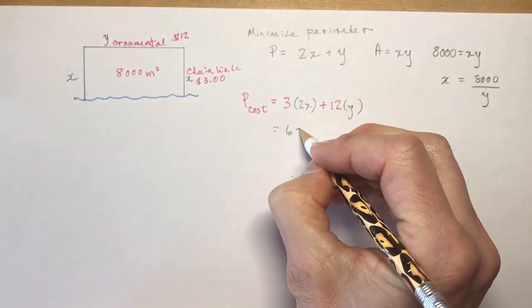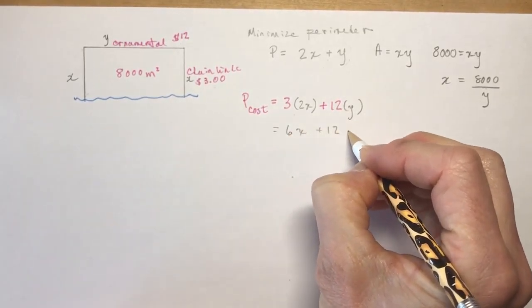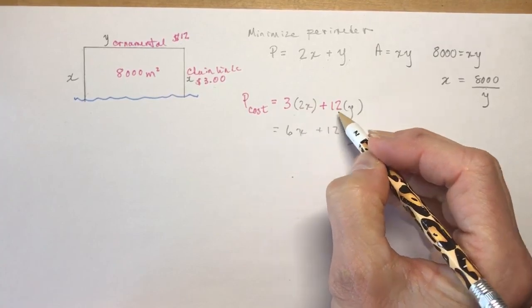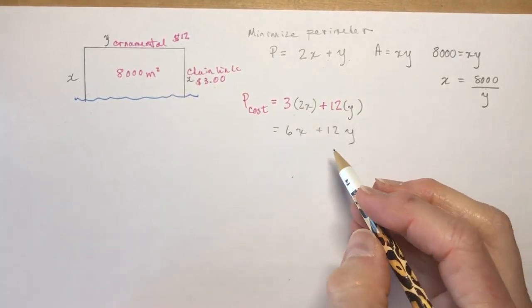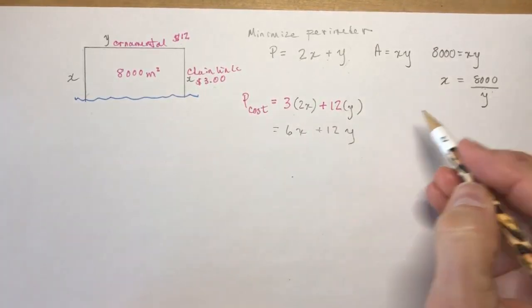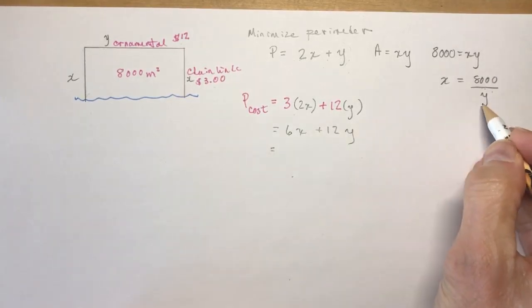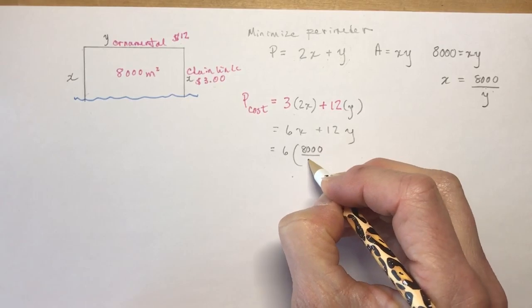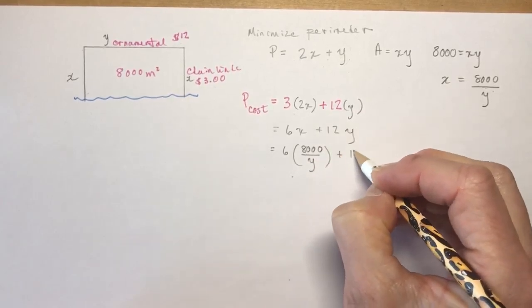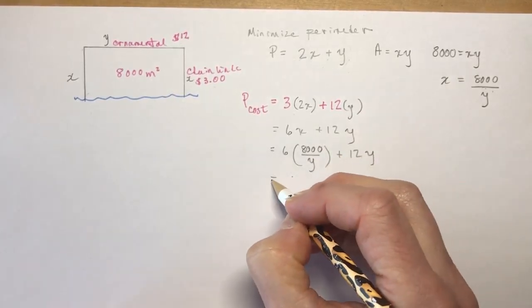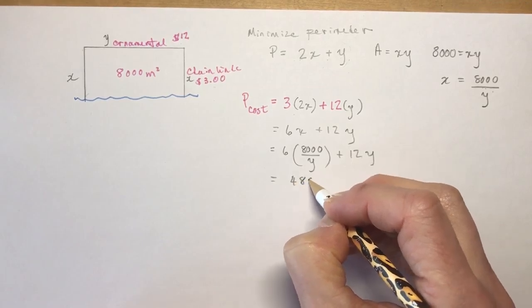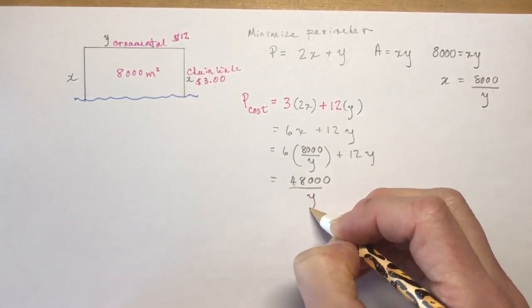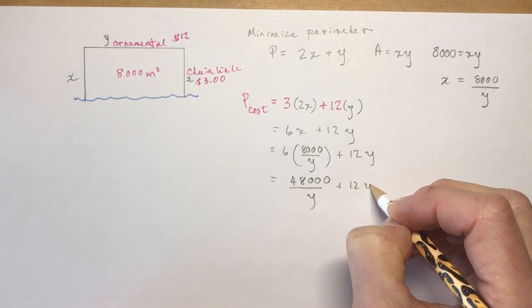So I have 6x plus 12y, and my x is going to be 8,000 over y, plus 12y. And that's going to give me 48,000 over y plus 12y.